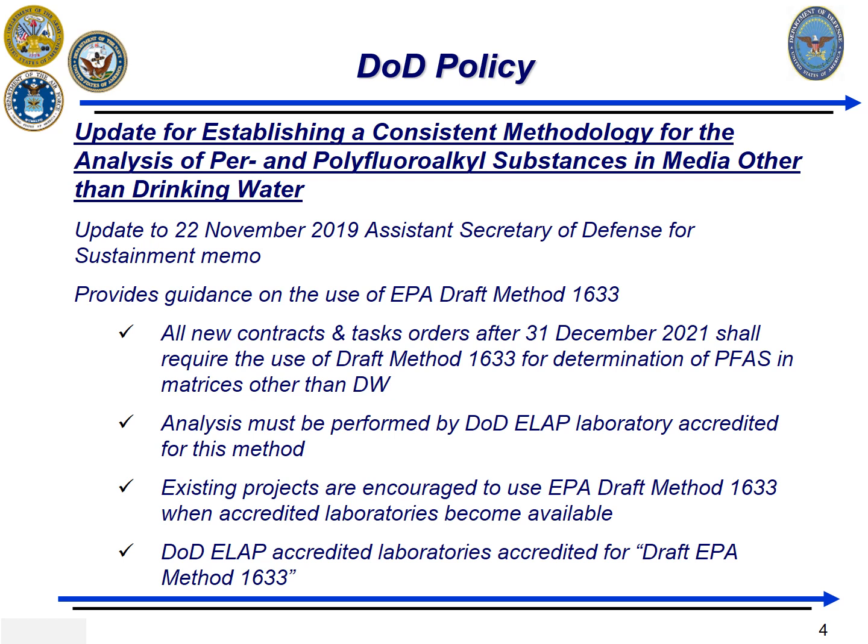In addition to that, we are expecting the policy to strongly encourage existing projects to transfer over to utilizing this new method as well. So you can see the clock is ticking, and we're going to desperately need laboratories to be accredited to this method very soon.